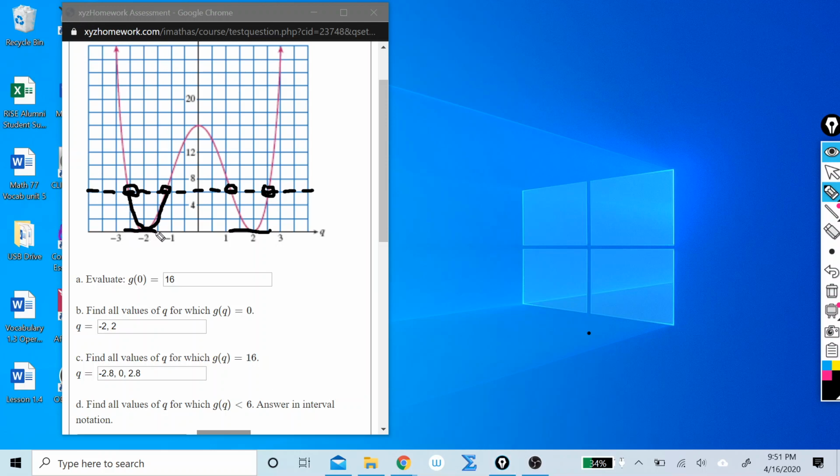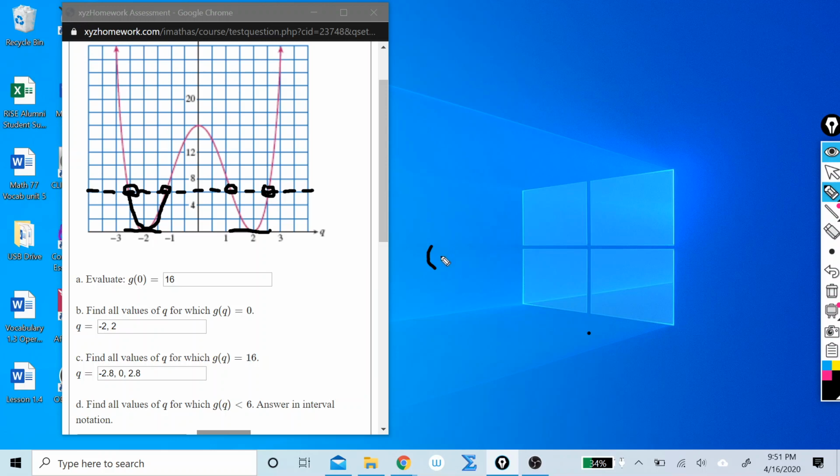So the answer needs to be in interval notation. I'm going to write this over here. Because the point's not included, it's going to be a curved parenthesis.